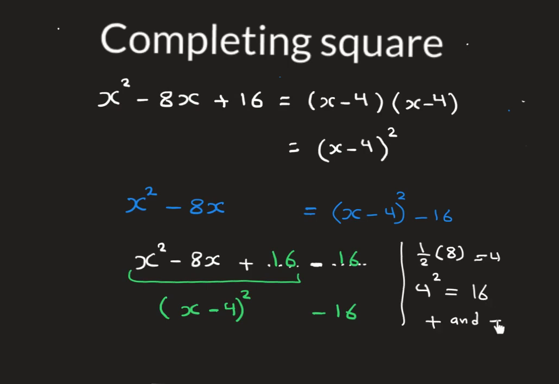Then add and subtract: initially we have x squared minus 8x, half of 8 equals 4, square this number, 16, add and subtract, plus 16 minus 16. Now this will be a perfect square. So we can write it as (x minus 4) squared, square root of x squared, square root of 16, with the minus sign, because it's a perfect square. Then minus 16.